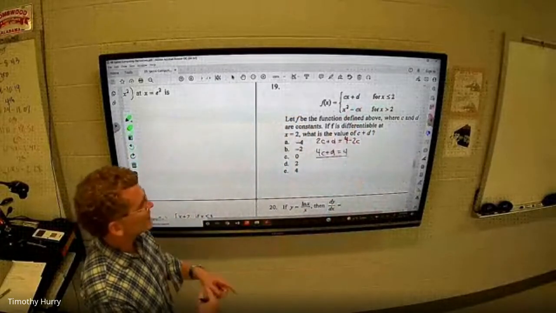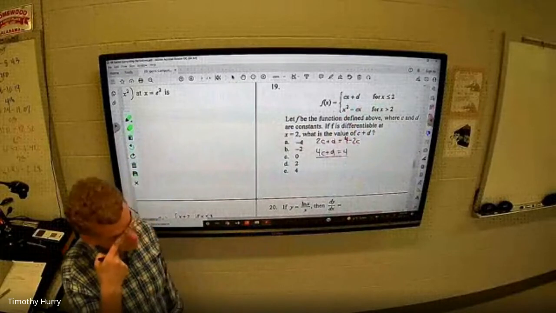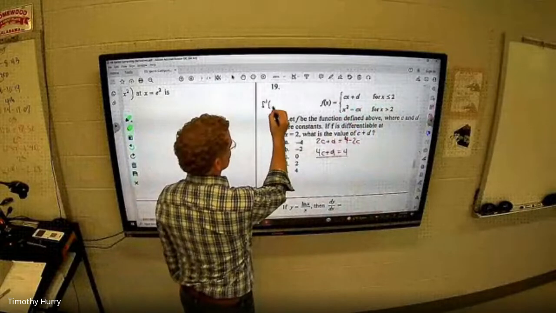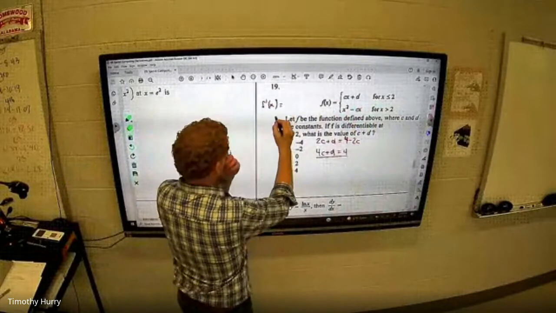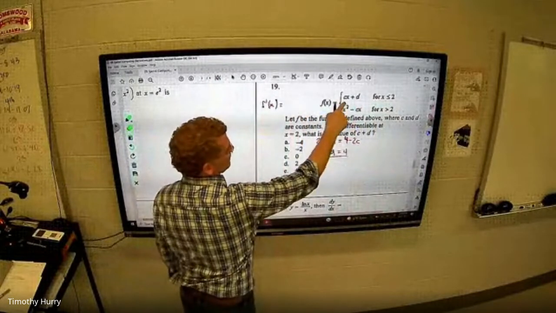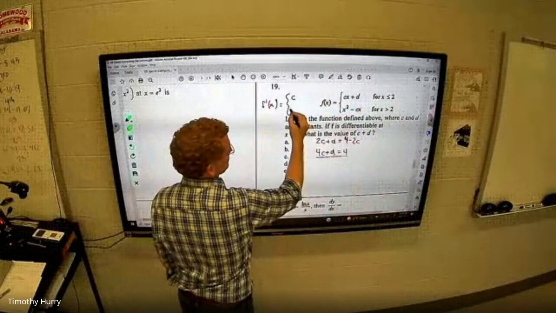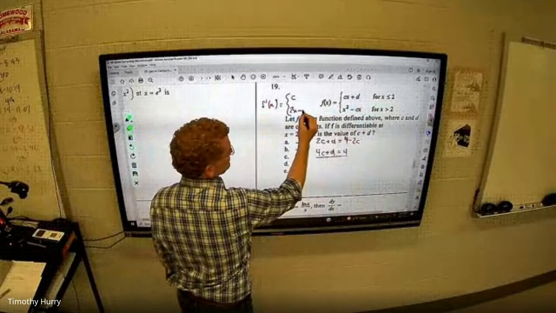Then, what do I know about differentiable? What would be equal? The derivative function. I have space just over here. The derivative function of this would be c plus nothing, and the derivative here would be 2x minus c.